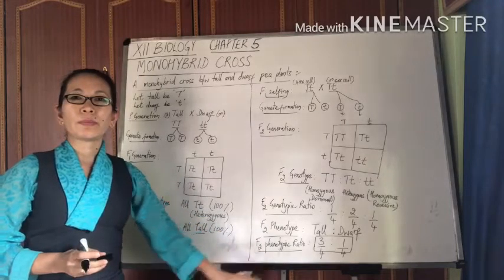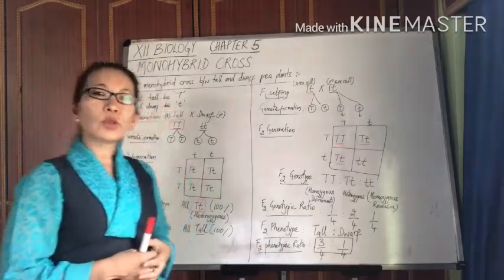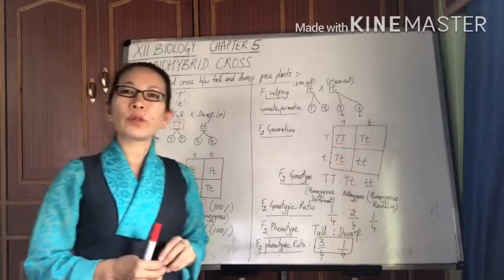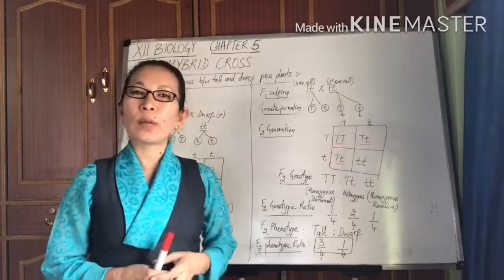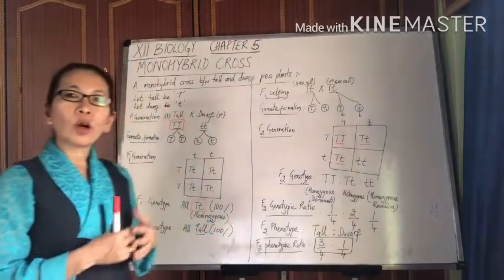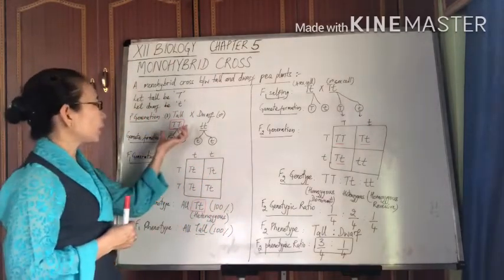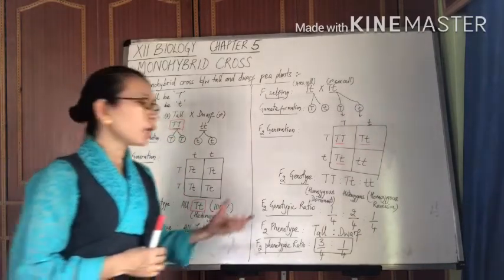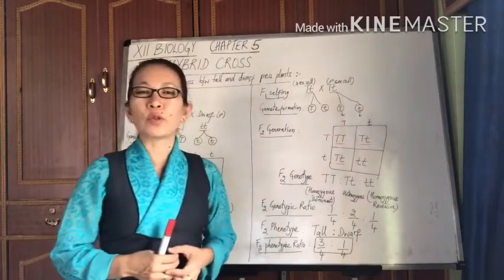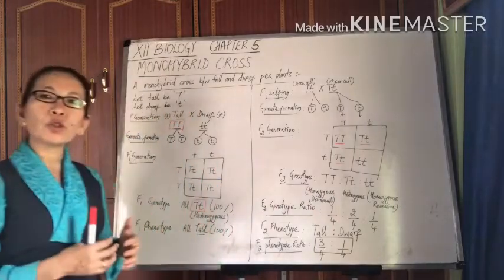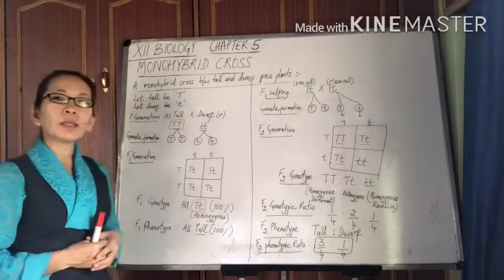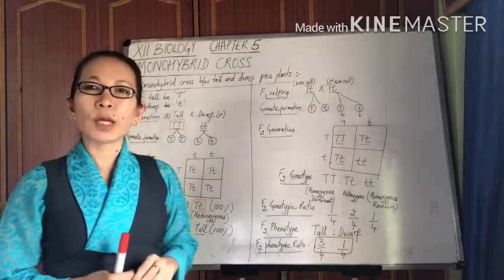Finally, let's do some more study into the cross. So we learned that tall phenotype is the dominant phenotype over dwarf. And tall phenotype is present in the parental generation. It was expressed in the F1 generation as well as it was expressed in the F2 generation. But if you look into the genotype of the tall plants, we can be finding two different types of genotype.